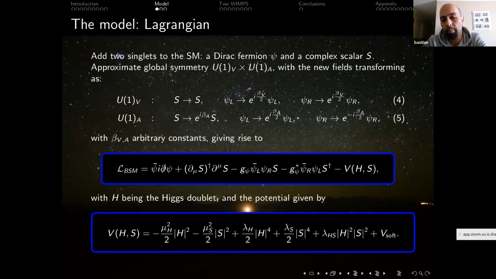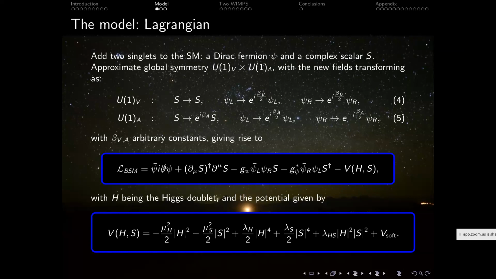In principle G can be a complex parameter, but under field redefinition you can make it real. And as you can see, there is no mass for the fermion because it would explicitly break the global symmetry that we are imposing on the system.